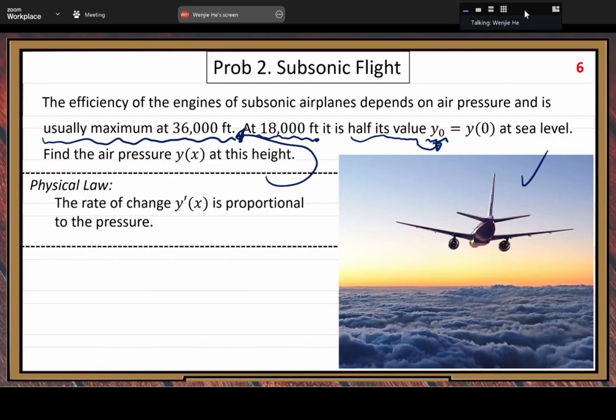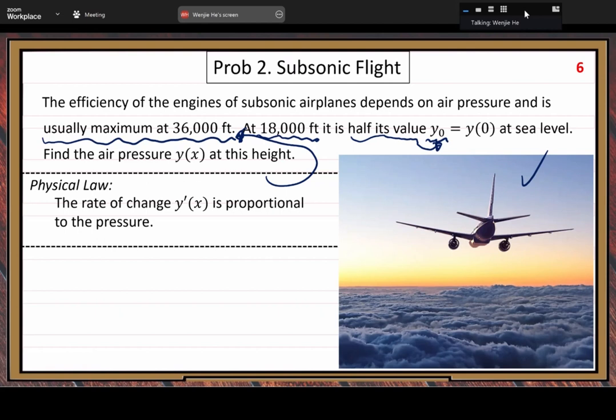Y is the pressure function. So y prime of x is proportional to y. That's the decay law, right? Same law.